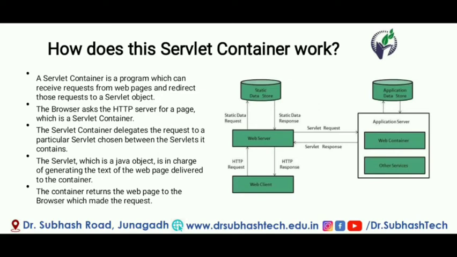The web server sends that request to the application server, and the application server analyzes this request and generates the output using the application data store. Then the response generated by the application server is sent back to the web server, and that is sent to the web client using an HTTP response. This is the way the Servlet container works using Tomcat or any type of web container.